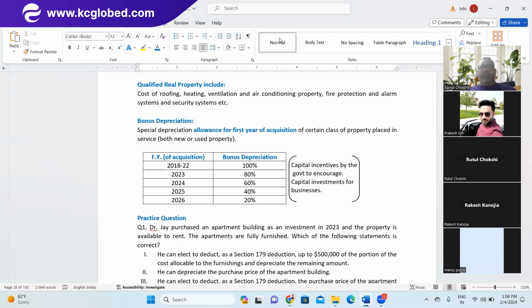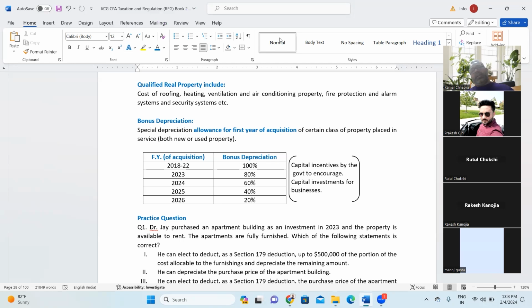in the year of investment. So in the year of investment, right, the bonus depreciation for 2018 to 22 was 100%. For 23, which is the current tax year we are using, it is 80%. Next year it is going to reduce to 60%, then 40%, then 20%, and after that it will be nil.